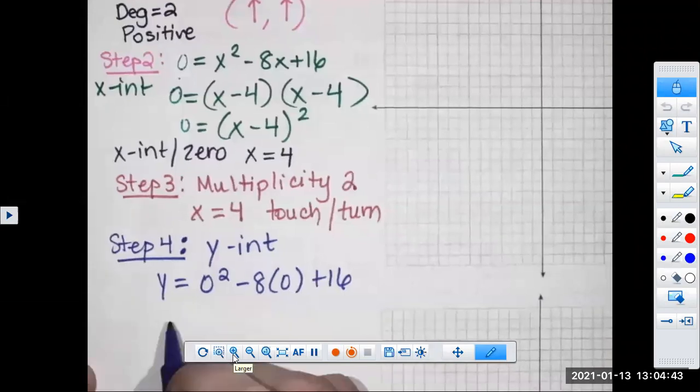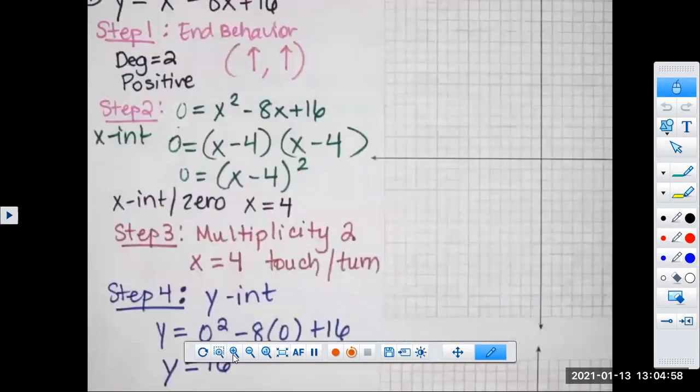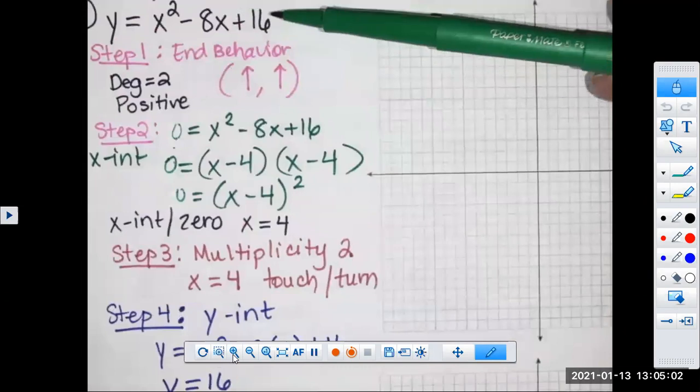What is your y-intercept? 16. So it's going to cross the y-axis at 16. An easy way to tell, if your equation is not factored, your y-intercept should always be at the end, positive 16.